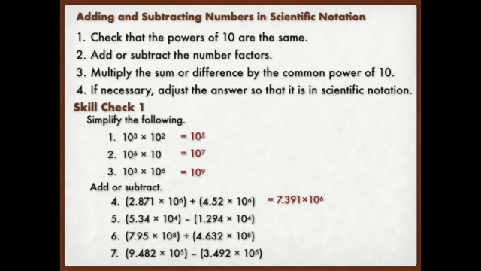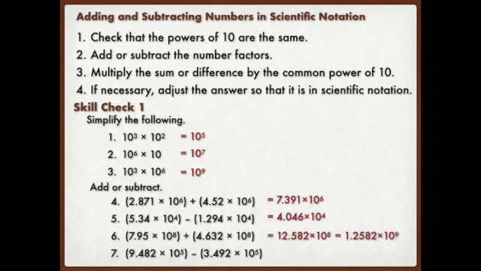So in the same way, number 5, I'm going to subtract 5.34 minus 1.294. I'm going to change those numbers, but the exponents will stay the same. 7.95 plus 4.632. That number changes, but because I'm just adding here, the exponents will stay times 10 to the 8th.